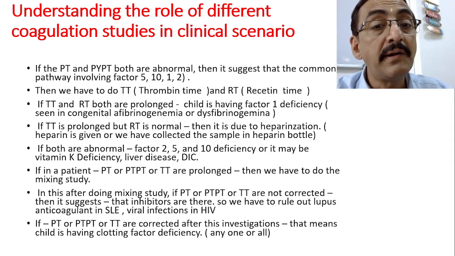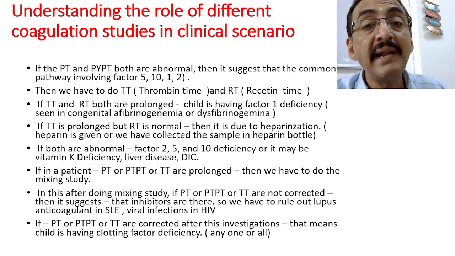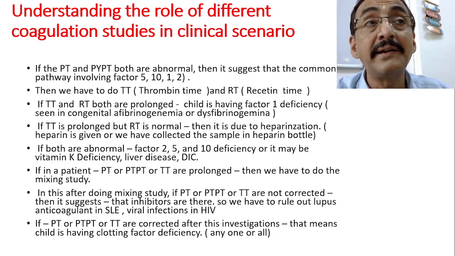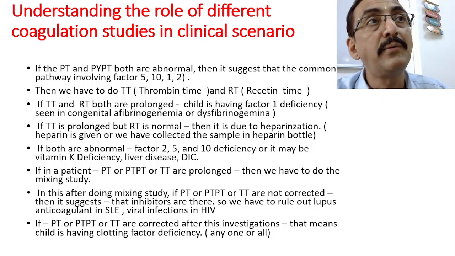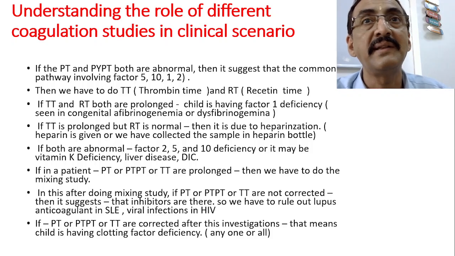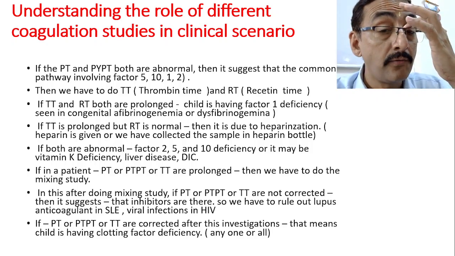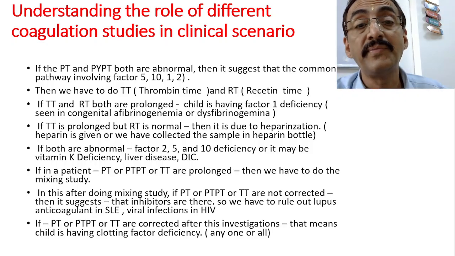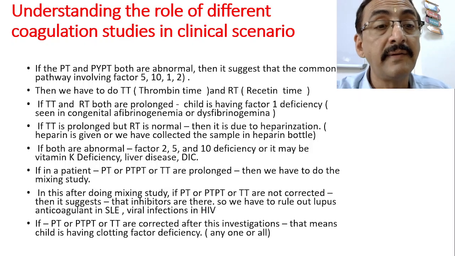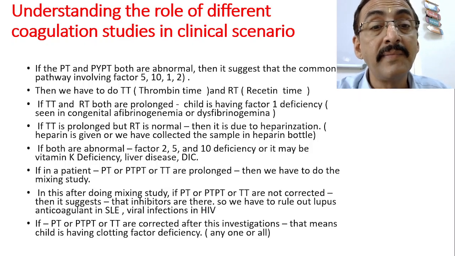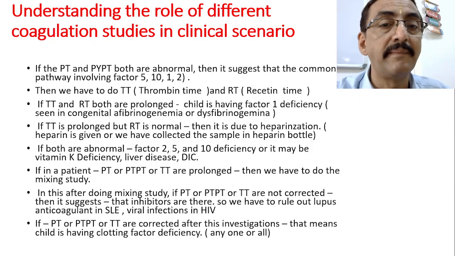In this, after doing mixing study, if PT and APTT or TT are not corrected, we have explained in the last class, we have to add the normal plasma to the patient's plasma, isn't it? So after doing the mixing study also, these three are not corrected, then it suggests that there are some inhibitors.